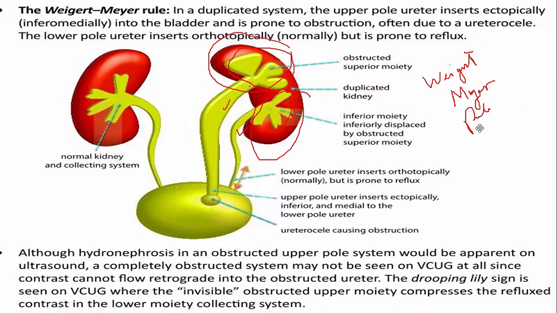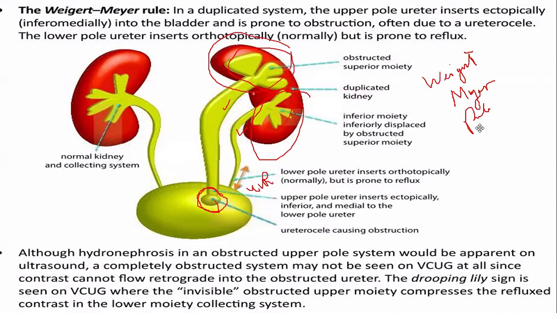The upper pole moiety is prone to the development of the cobra head deformity, meaning it is prone to the development of obstruction, while the lower pole moiety is prone to the development of uretero-vesical reflux.